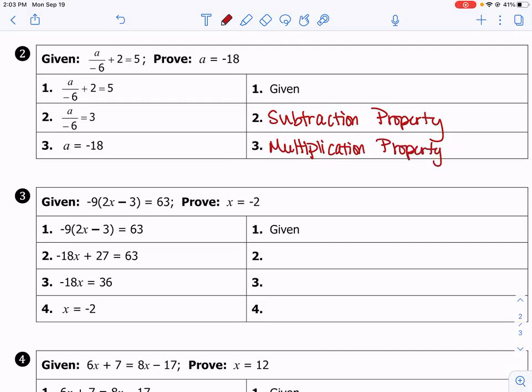I'm going to give you the next 90 seconds to fill in the reasons for proof number 3.